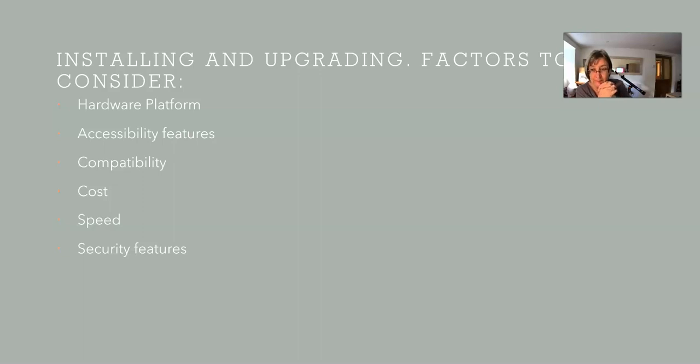Accessibility features. There are laws now which say that if we give an environment to one person, it has to be accessible to people with disabilities. This is very true, and we look at this when we build web pages, but this is also very true with software. So if we find that a piece of software does not have certain accessibility features, touchscreen on a phone or something like that, we might think twice before we use that.